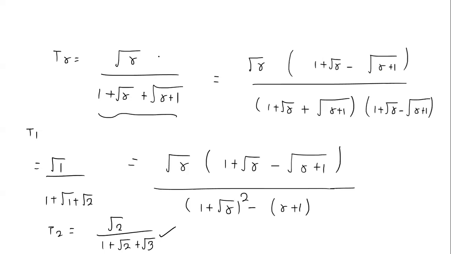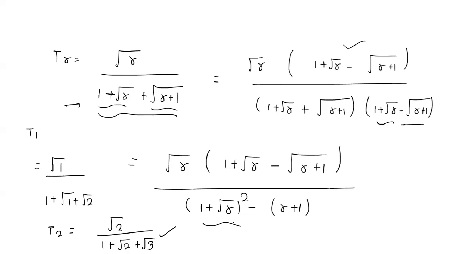Now what we can do here, we can split the denominator in two parts, like one is 1 plus root r and one is root of r plus 1. So I can multiply by 1 plus root r minus root r plus 1 in the numerator and denominator both. So it will become like a plus b, a minus b, which is a squared minus b squared.